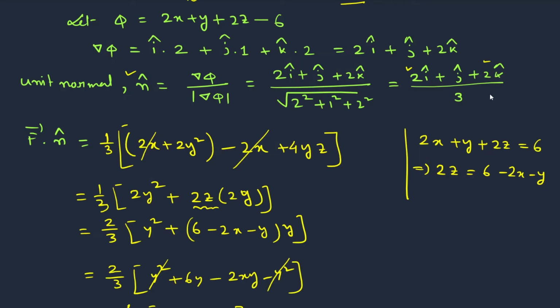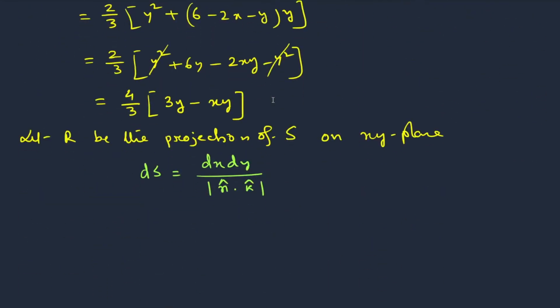So with this vector we have to take the dot product of k cap. So k cap dot k cap is 1. So what we'll get? We'll get only 2 by 3. So it will be dx dy divided by how much? 2 by 3. So it means 3 by 2 dx dy.